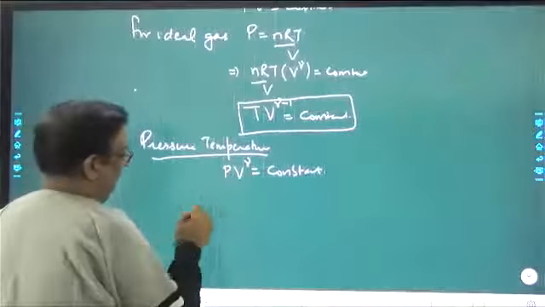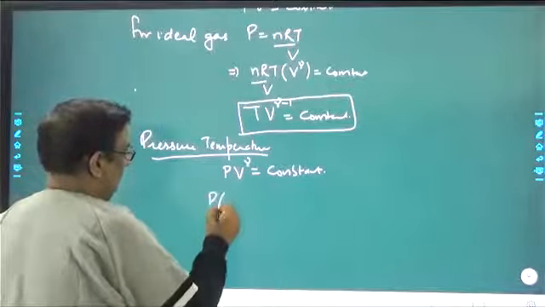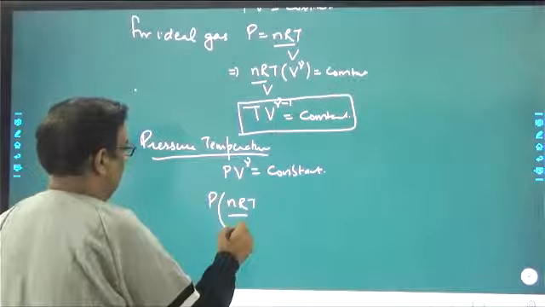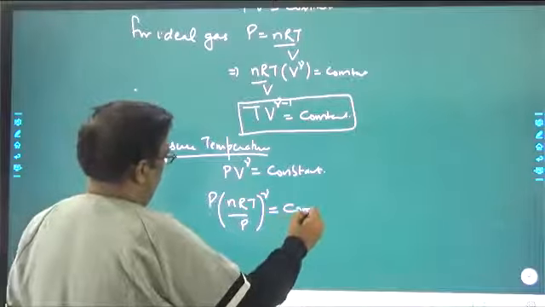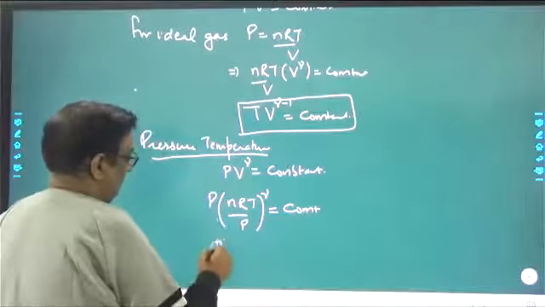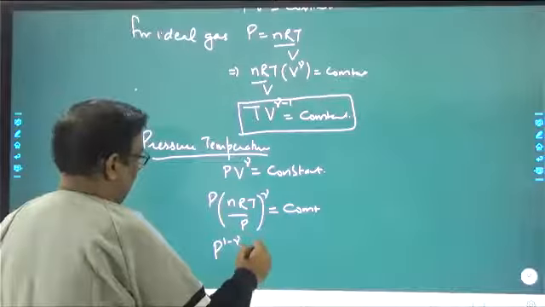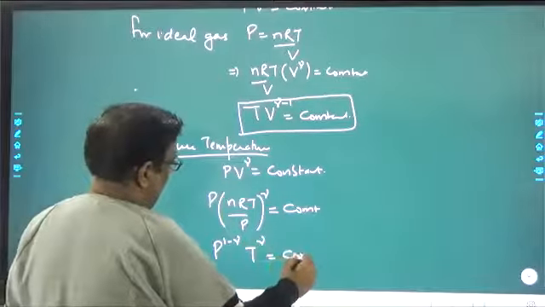PV raised to power gamma is constant, and so P raised to power 1 minus gamma T raised to power gamma is constant.